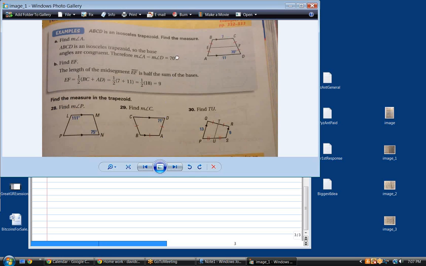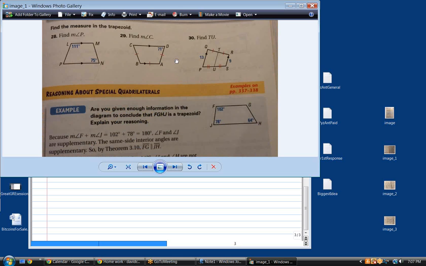All right, let's see. This top part is about trapezoids. What is angle P? P? This one here?